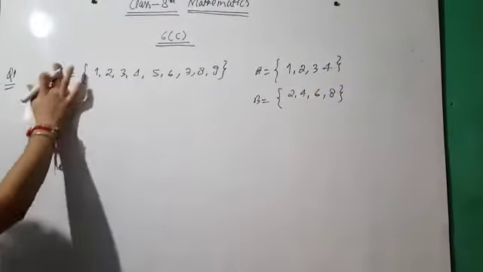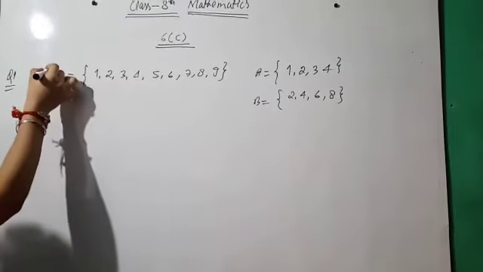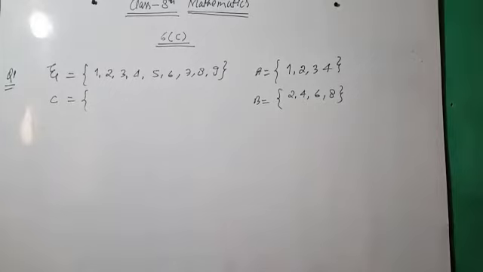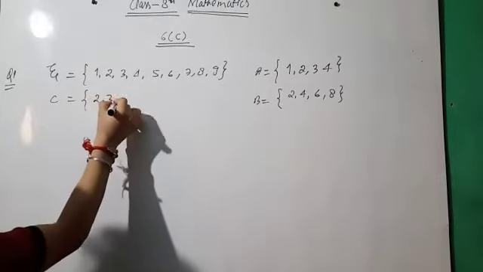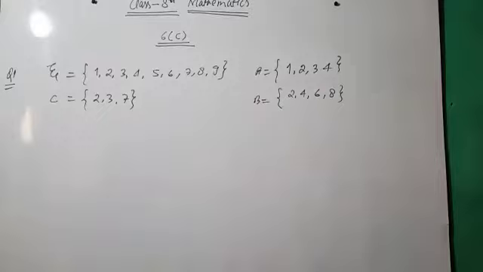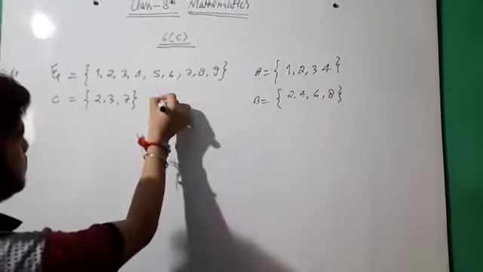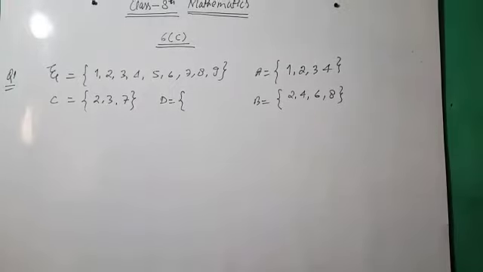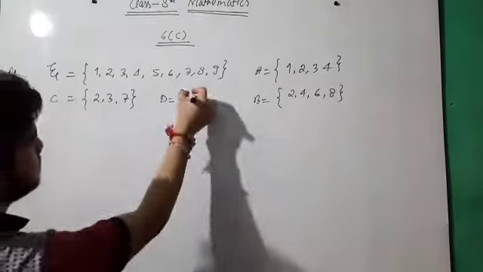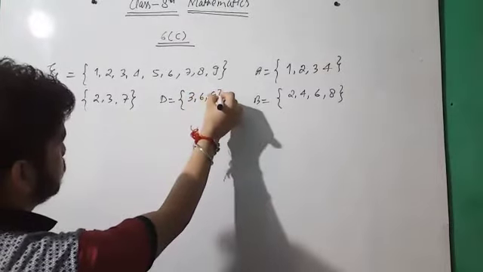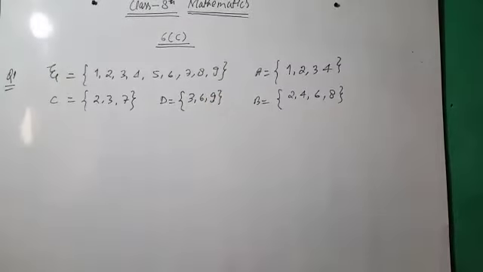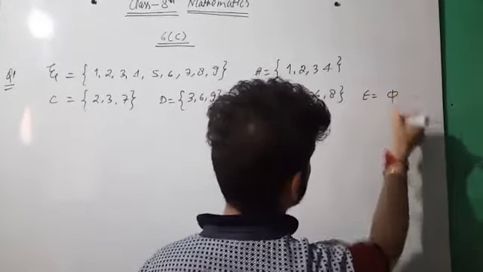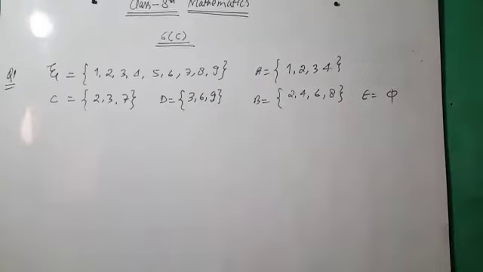C has elements 2 3 and 7. The last one, D, has 3 6 9. One more, set E, having an element.